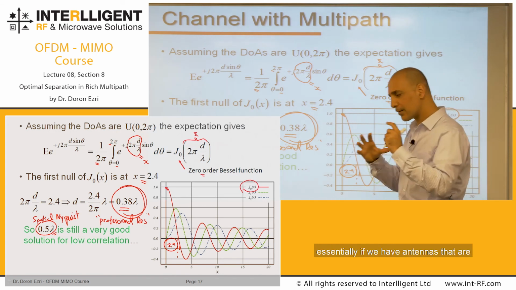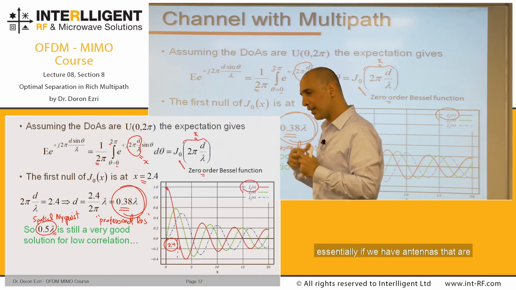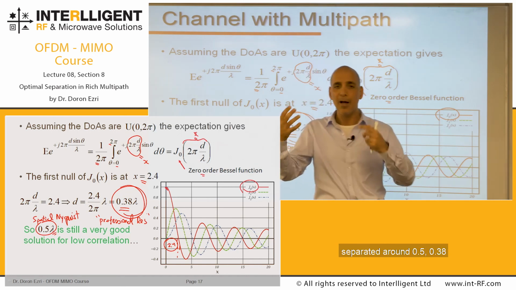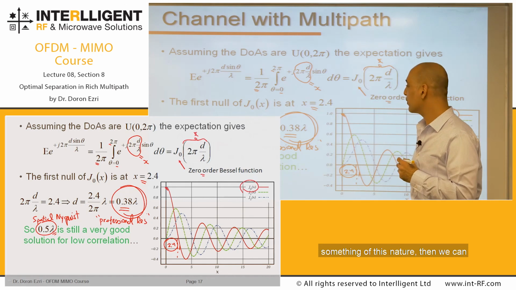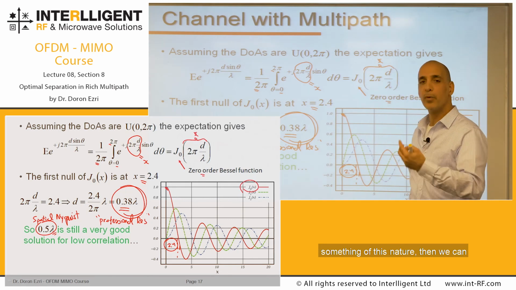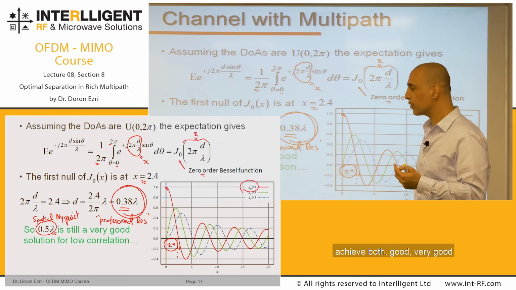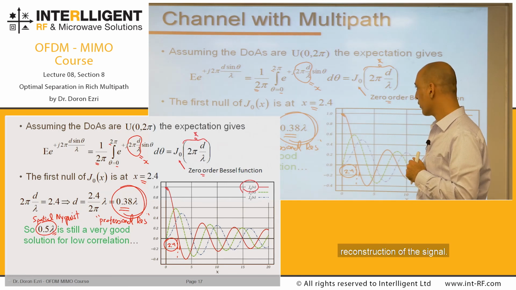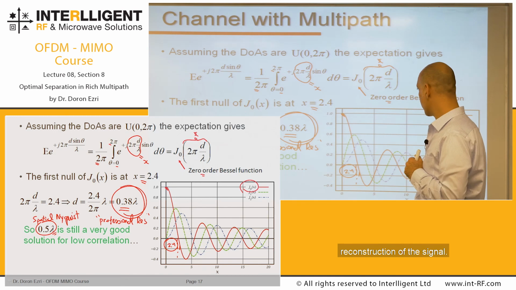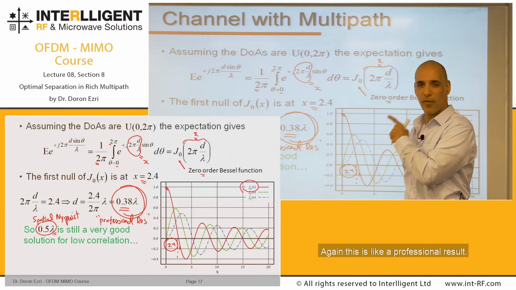So essentially, if we have antennas separated by around 0.5 or 0.38, something of this nature, we can achieve both very good decorrelation and also full reconstruction of the signal. Again, this is a professional result, yeah?